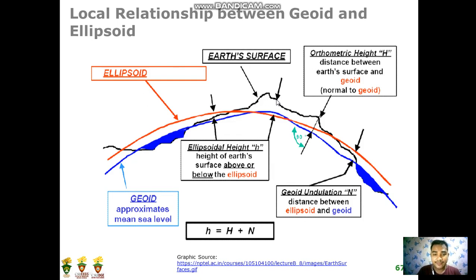So kung mao ni ang surface, no, Earth's surface, ay mao man terrain, no, mao ni ang ato ang usual nga terrain sa ato ang surface sa Earth, no. From that point, for example this one, so from this point padulong daw sa ellipsoid, mao na siya si ellipsoidal height. So ni si h, and karon si H na pod is si orthometric height, no.